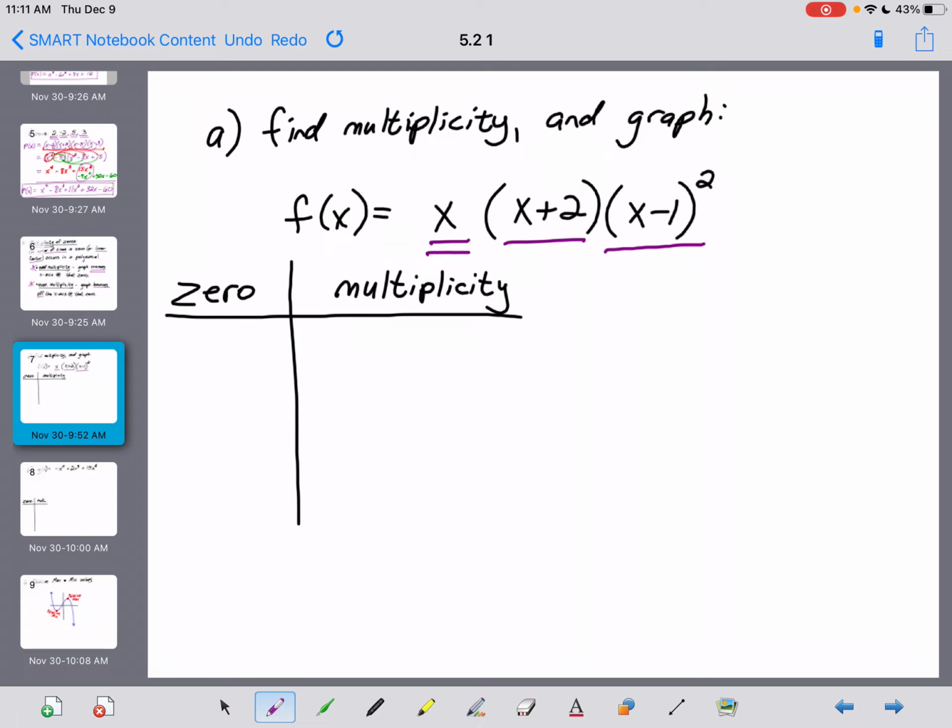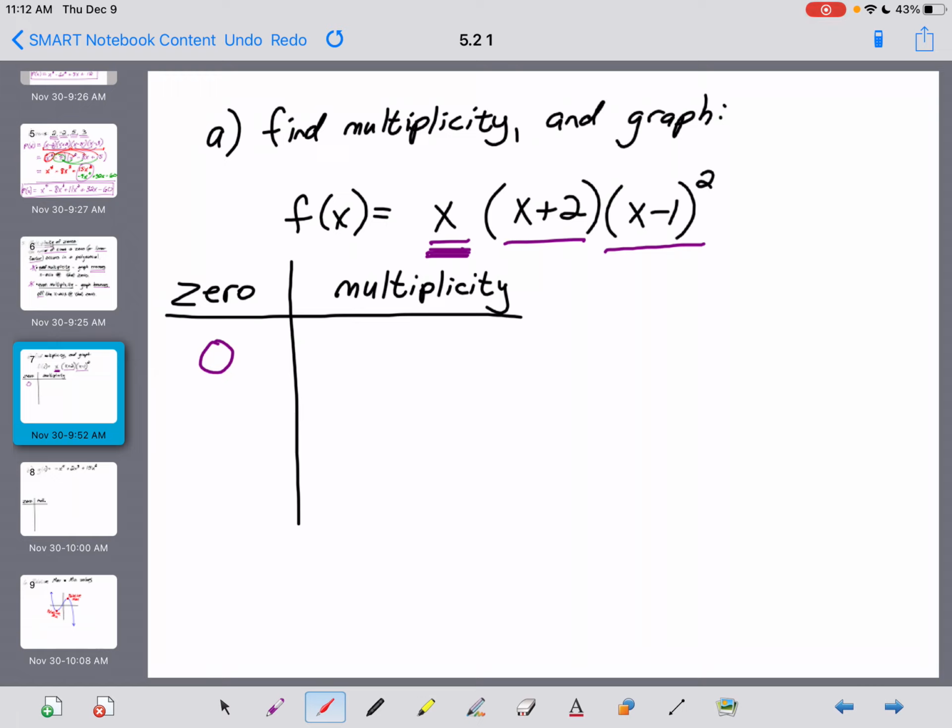All right, when you're asking yourself, what's my 0, you're really looking at a linear factor like x, and you're saying, okay, what value of x would make this equal 0? Well, x would equal 0 if x was 0. So that's the first 0 you get. And when we ask about the multiplicity, it's basically a question of exponents.